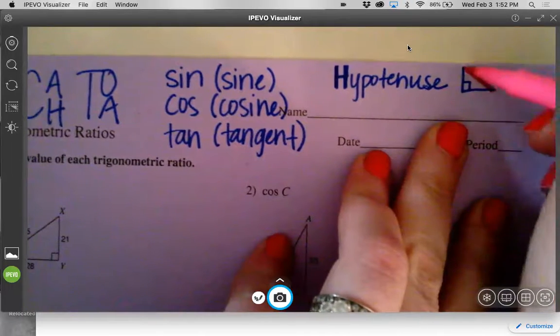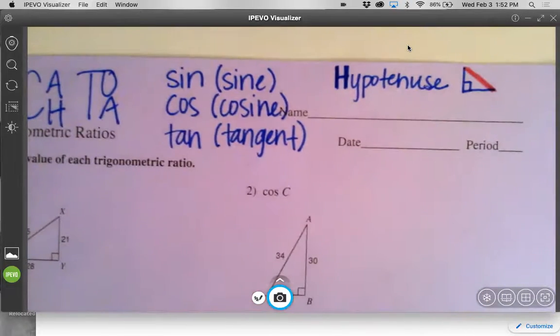So I'm going to put mine in a different color. If you've got a different color, that's a great idea. If you want to just highlight it, it's another good idea. The hypotenuse is the only one of these three labels, the O and the H and the A, that's going to be anchored in place in every single triangle, no matter what angle you're using.